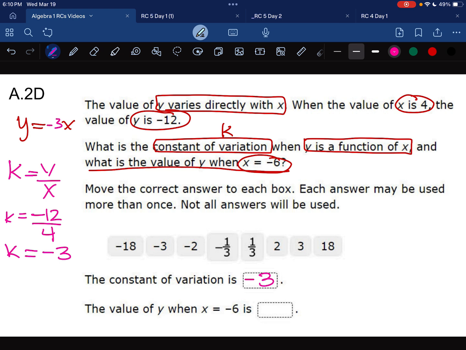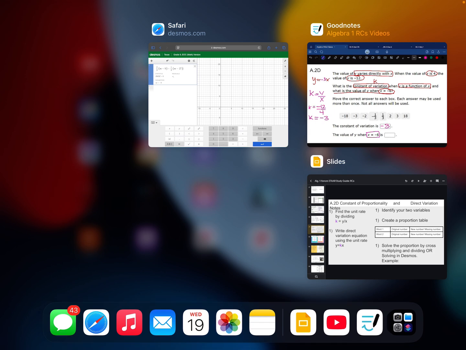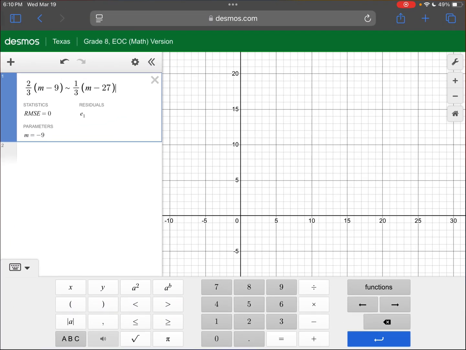There are 2 ways we can do this. So let's finish this whole process. I got a table, I got an equation, and I want to know what it would be like if my x is negative 6. I could go to Desmos because I already have my equation. I could plug it in that way.